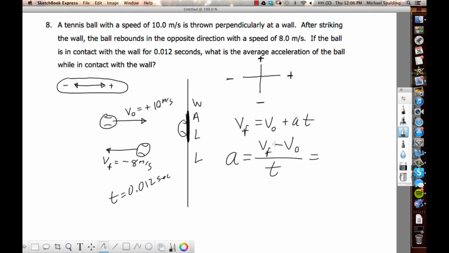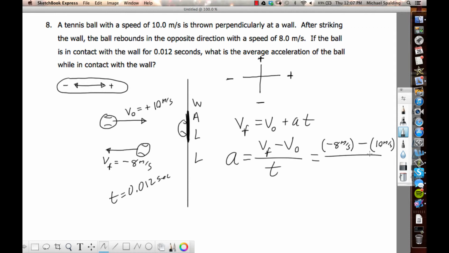And notice, does this look familiar at all? It's acceleration. It's change of velocity over time, which is the definition of acceleration. Okay, so now let's plug in here. What is V final? Final velocity, negative 8, minus, what was V initial? 10.